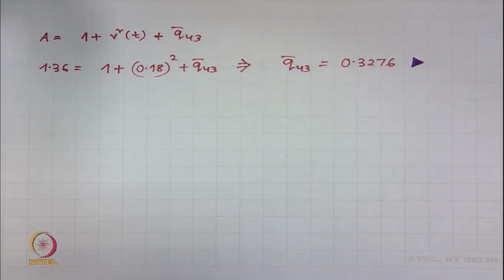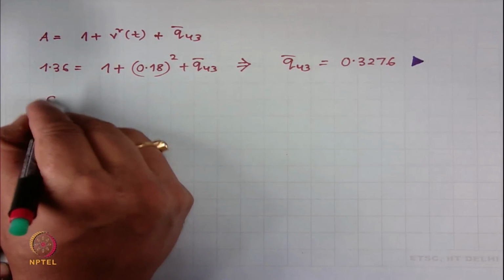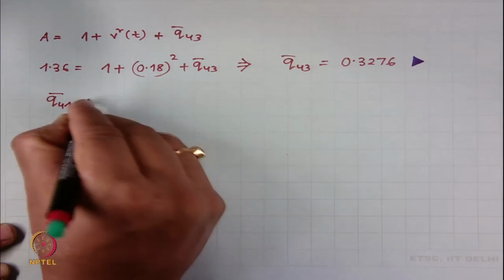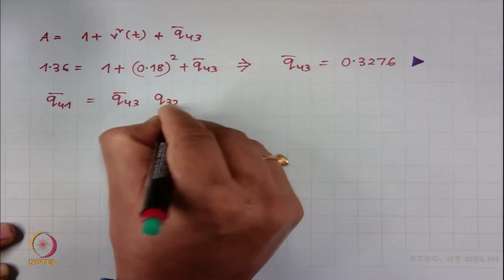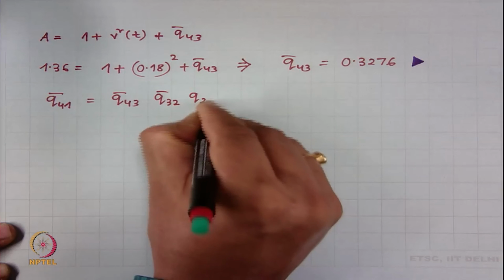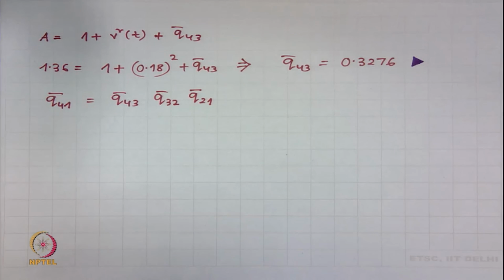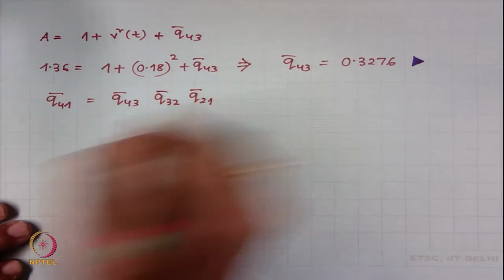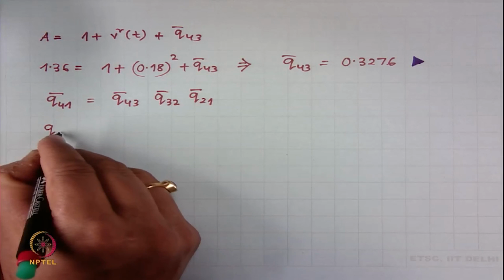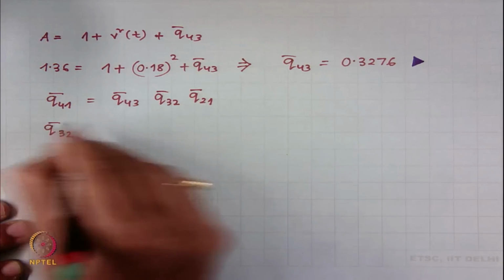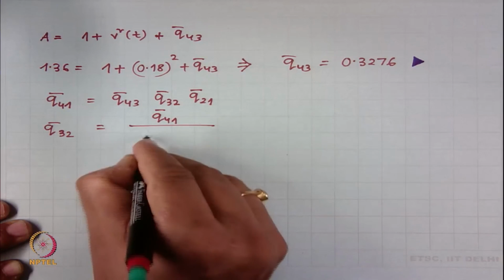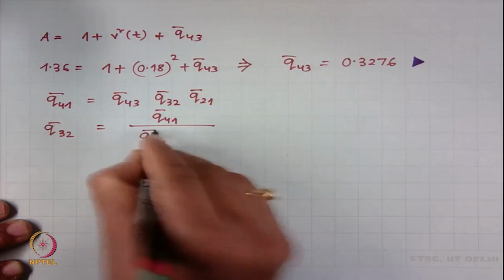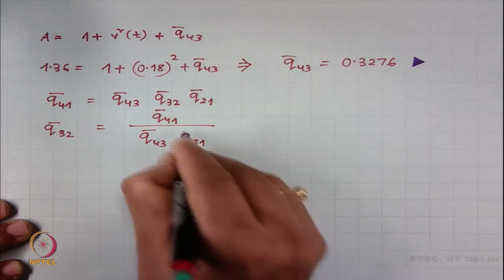Okay. Then we use this expression Q43, Q32, Q21, then Q32 will be equal to 41 divided by 43 into 21.